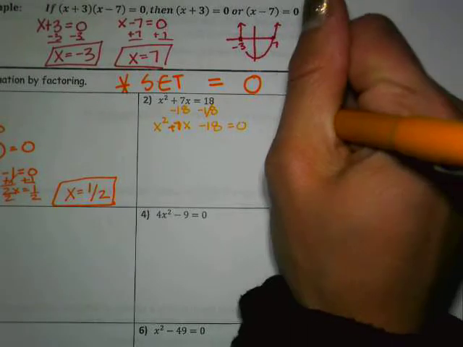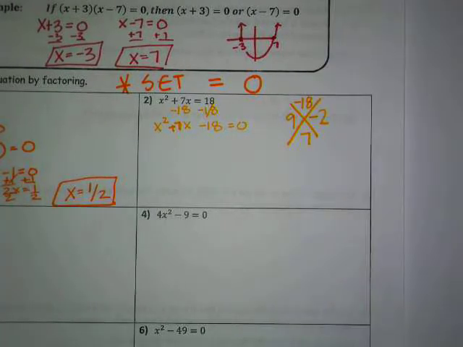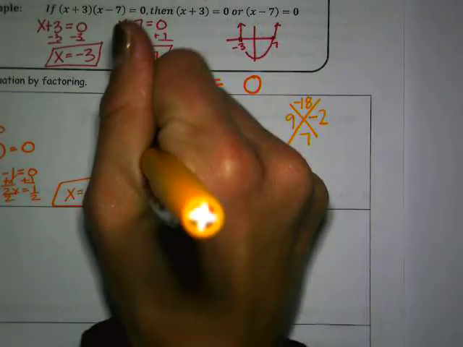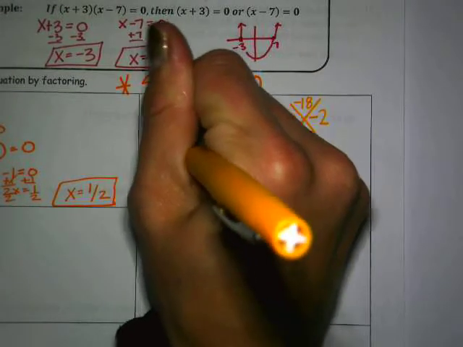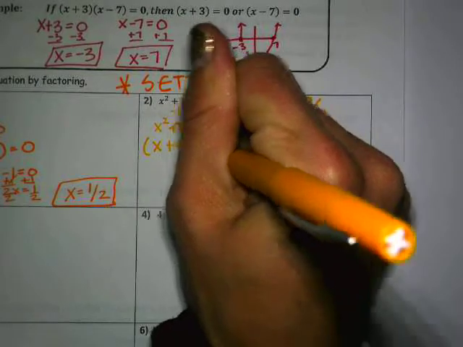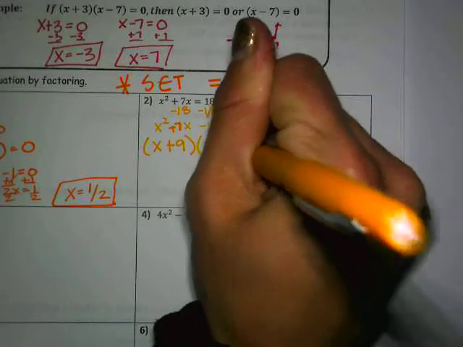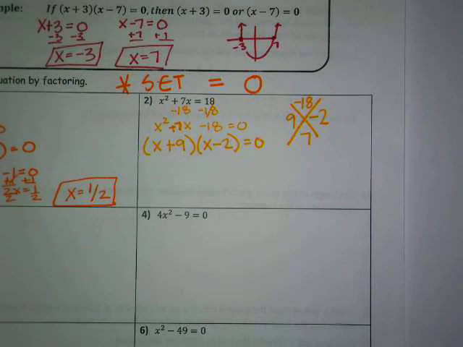So x plus 9, x minus 2. Do you have to divide by something? No, you do not, because there is only a 1x. If you divide by 1, you still get the same thing, so you don't really have to do it.